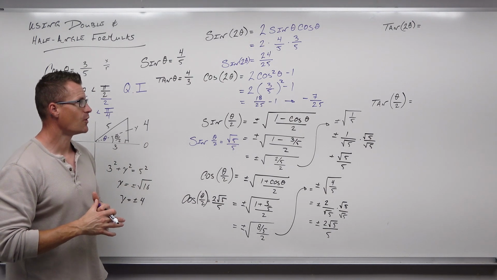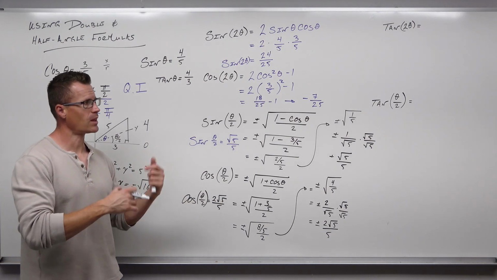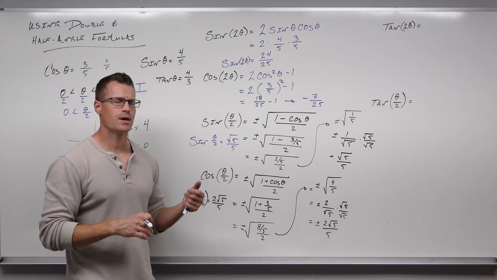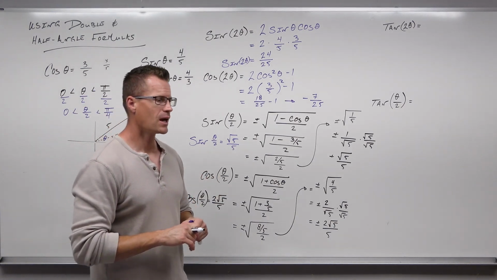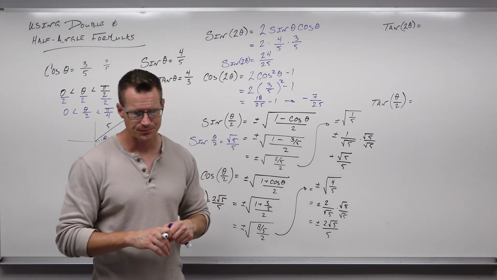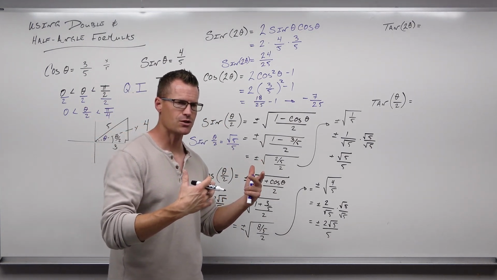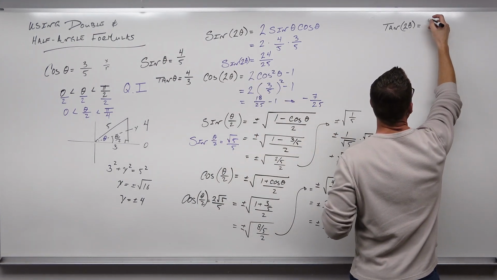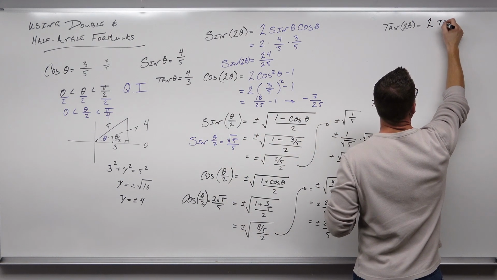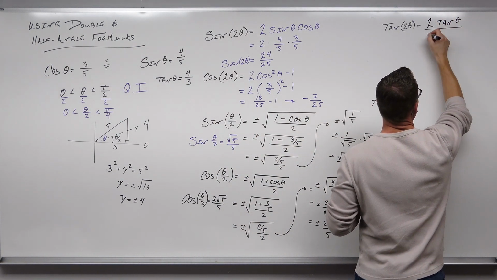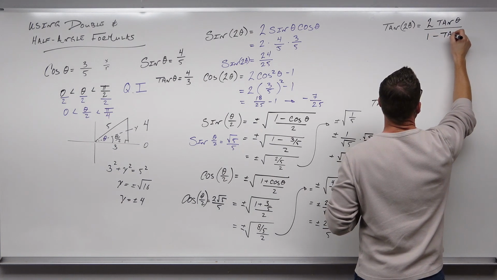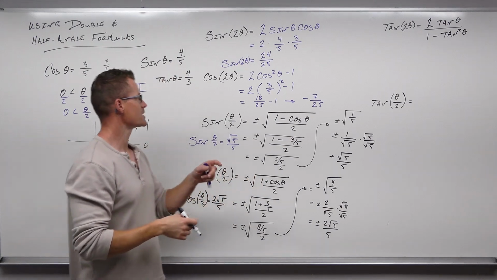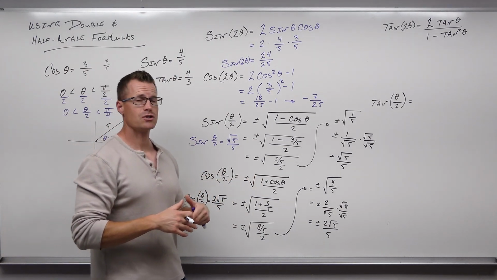Now let's go ahead, let's move on to our tangent. So we're going to do tangent of double angle and tangent of a half of an angle. So with tangent of 2 theta, we're really just looking at the formula, and our formula tells us that we're going to take and do 2 tangent theta over 1 minus tangent squared theta. And thankfully we know those things. We spent some time to figure out tangent. So tangent theta is 4/3.